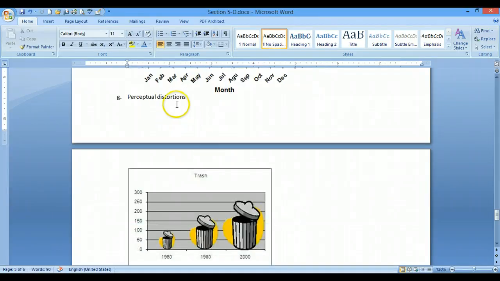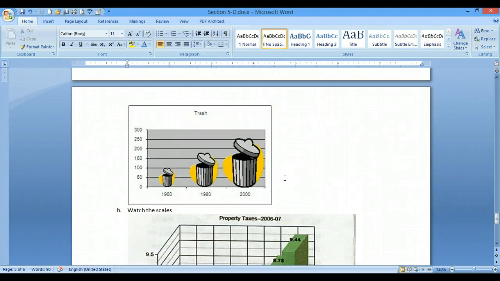Beware of perceptual distortions. Here's one perceptual distortion. My graph here is really talking about the height of this trash from 1960, 1980 to the year 2000. The amount of trash is going up per capita.